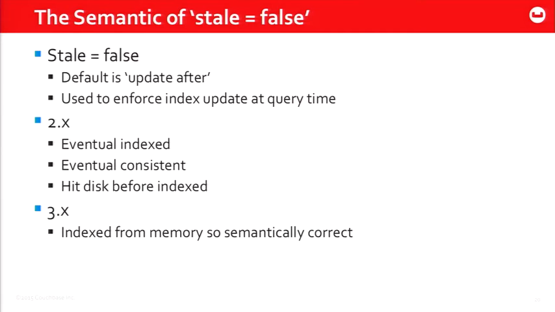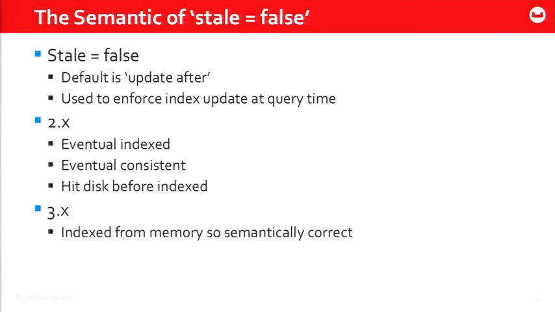Stale equals false is a parameter which ensures that as soon as you perform a view query, you can say, I want my data non-stale, so please index my data, update my view before you give me the result back. In 2.x, if the data was not yet on disk, you didn't see the data, right? In 3.x, it changed, because indexing happens directly from memory. It's now, let's say, semantically correct.